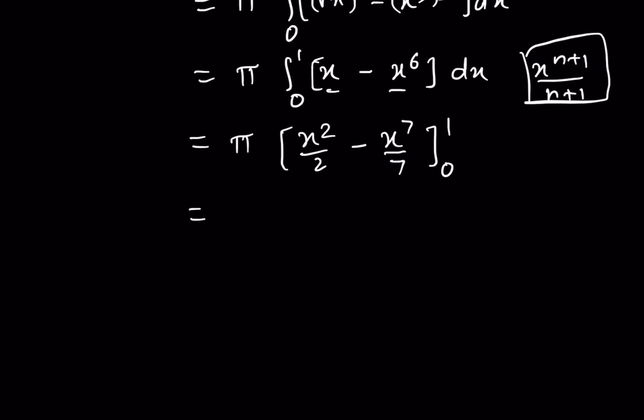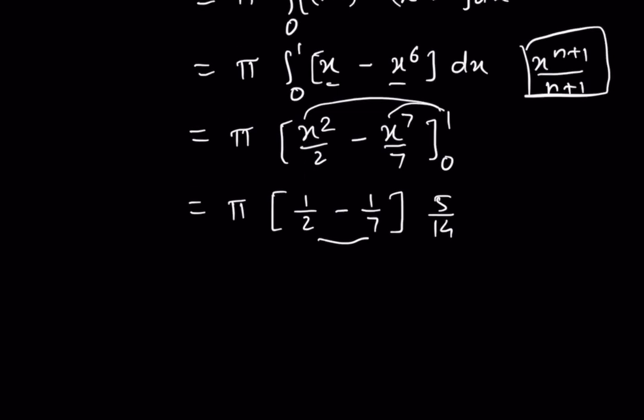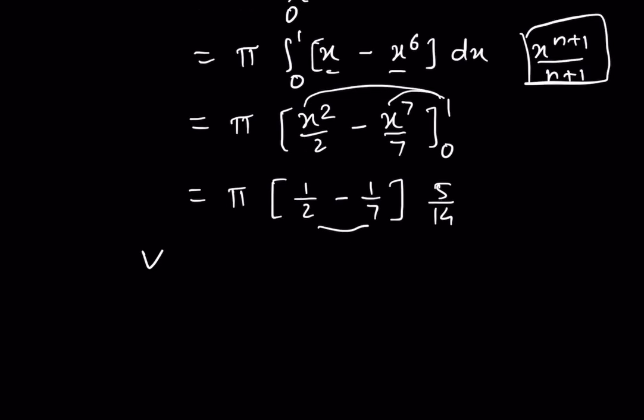Substituting upper limit, lower limit in place of x, we get pi times the first term 1 by 2 minus second term 1 by 7. Solving this, which is 5 by 14. So the required volume is 5 pi by 14 cubic units.